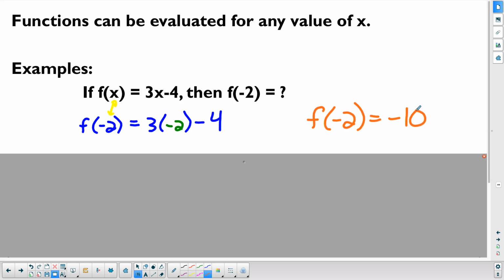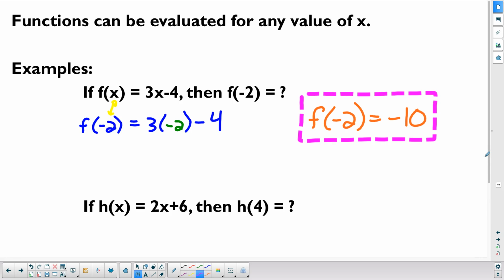And that's my output value, if I input negative 2 into my function. So the point negative 2 comma negative 10 would be on that line or on that function. I'll give you 2 to try now.